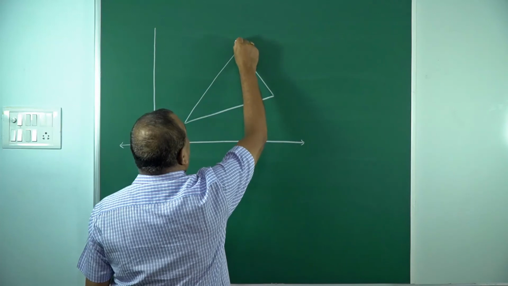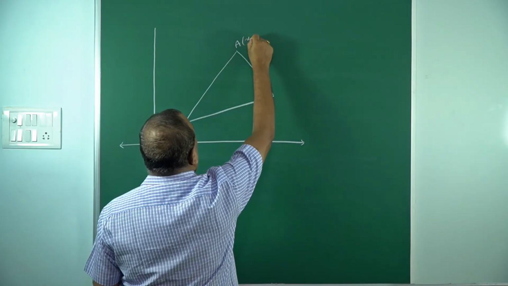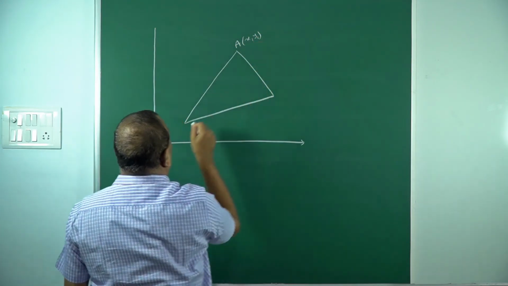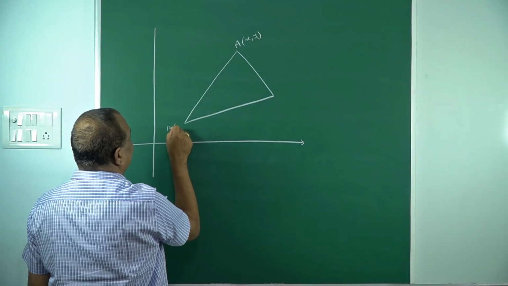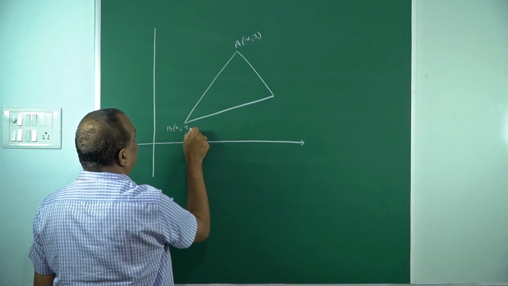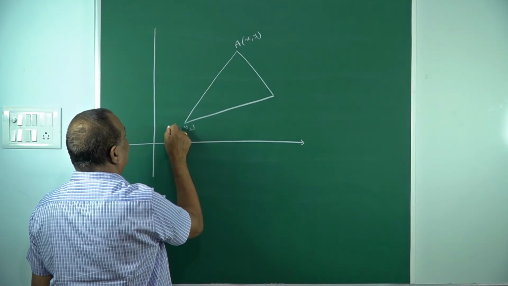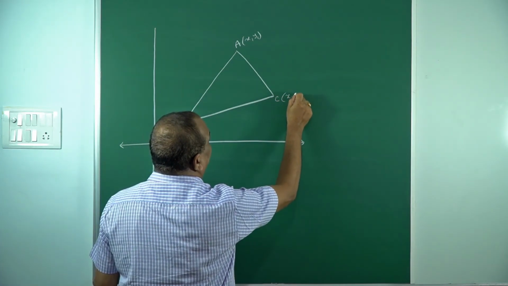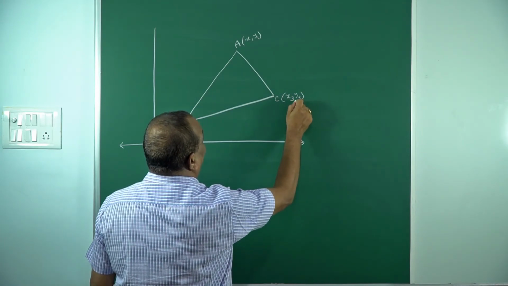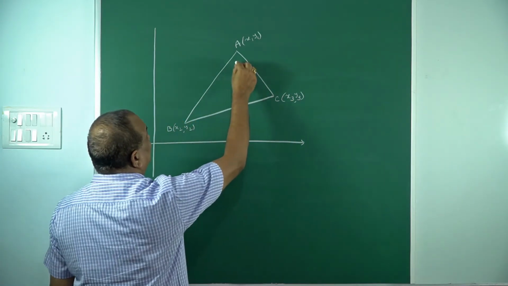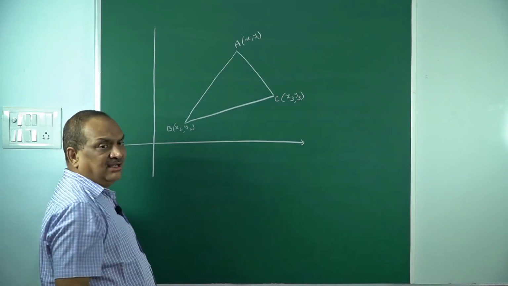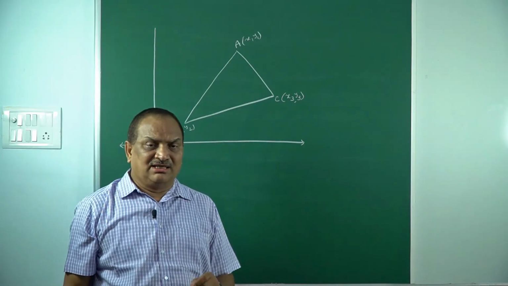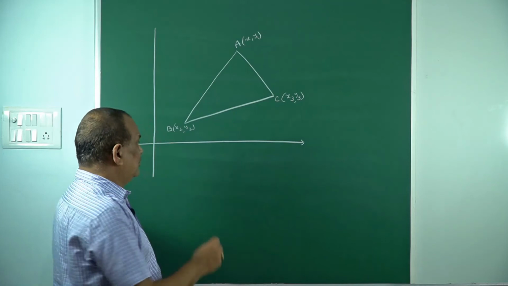This is A(x1, y1), and this is B(x2, y2), and this vertex is C(x3, y3). And we need to find out the area of this triangle, and we derived that formula. I am just writing the formula now.